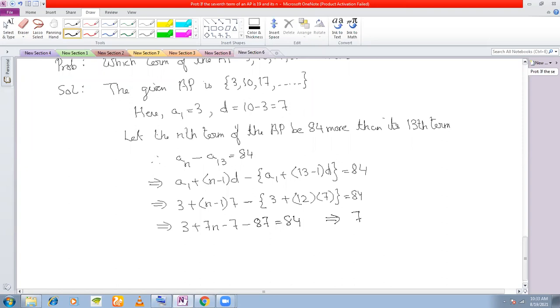So this is 7n. 87 plus 7 is 94, and 94 minus 3 is 91. So this should be 7n minus 91 is equal to 84.